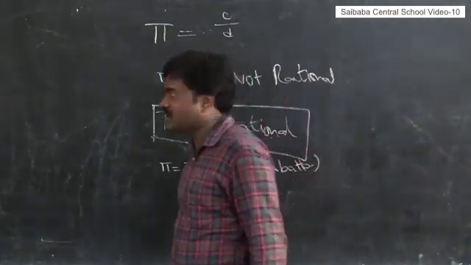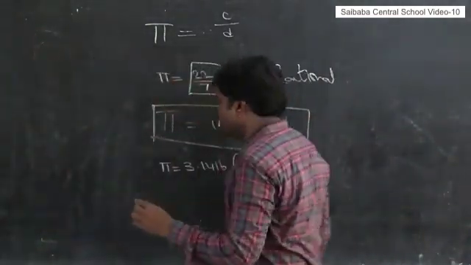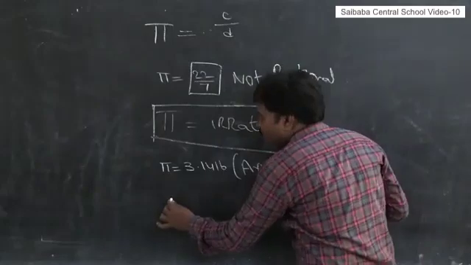One more mathematician, Archimedes, gave the pi value.